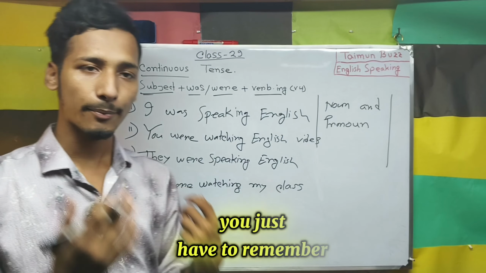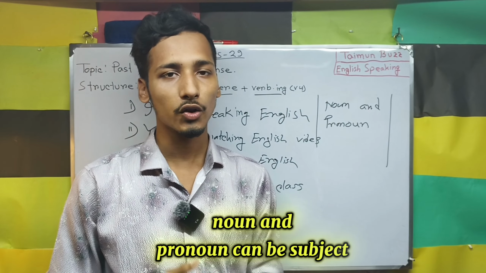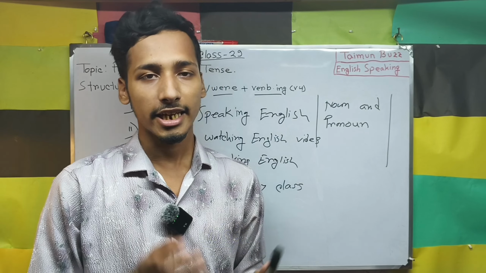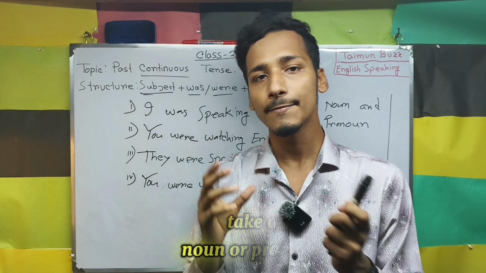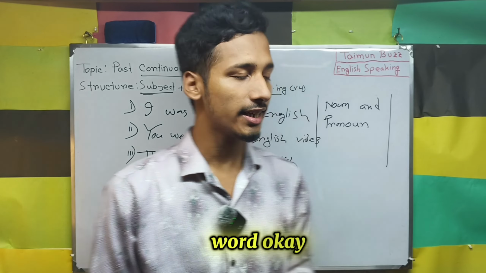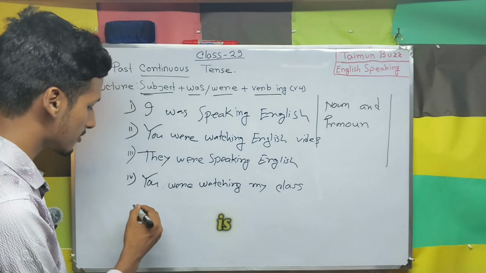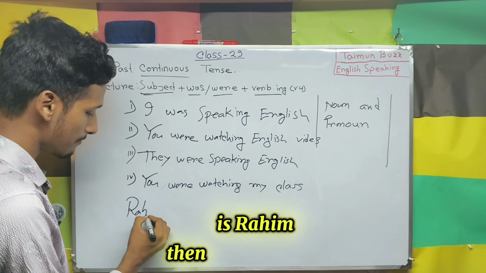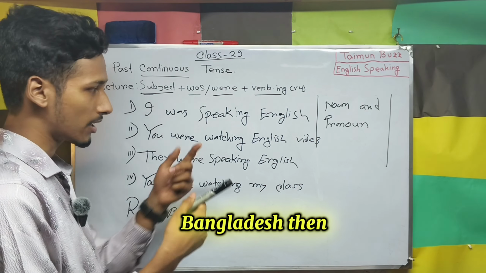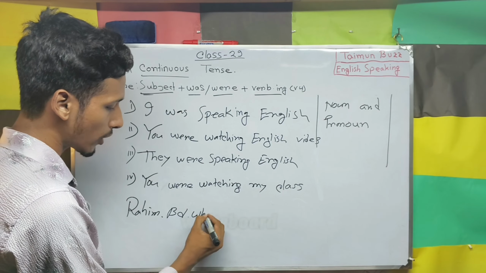You just have to remember noun and pronoun can be subject. So whenever you are thinking of making a sentence, you first just have to take a noun or pronoun. Which is noun? Any naming word. Okay, any name. Suppose your name is Rohim, then Bangladesh, then whiteboard.